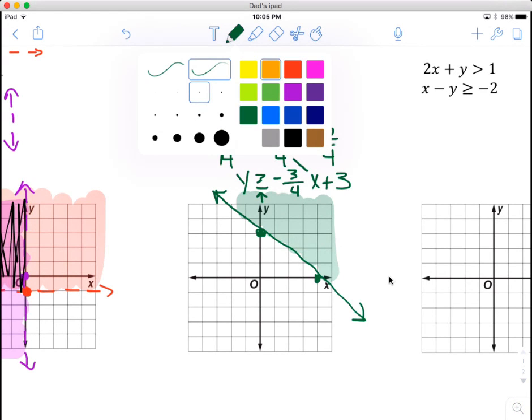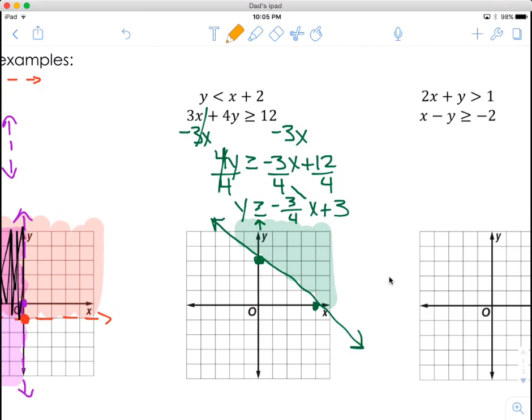Okay, so then let's look at this other one. It's going to be a positive slope, but a dotted line because it is not equal to, it's going to shade down. So it starts at 2, it goes up 1, over 1, or down 1, backwards 1, and it's a dotted line.